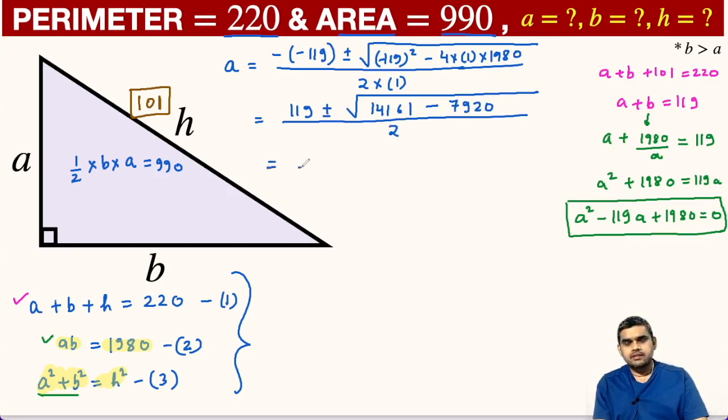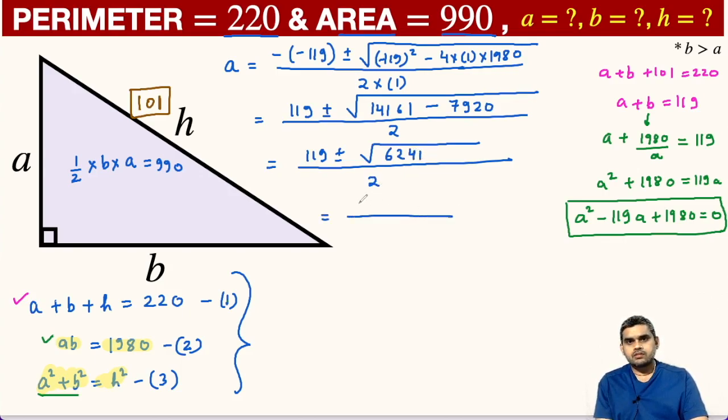So this will give us 119 plus minus square root of 14161 minus 7920 will be 6241 whole divided by 2. Further on simplification, it will give us 119 plus minus square root of 6241 is 79 divided by 2.